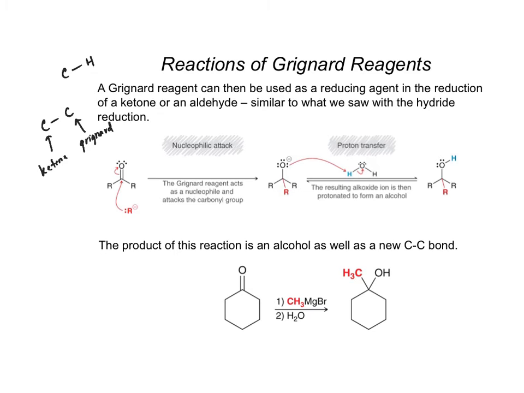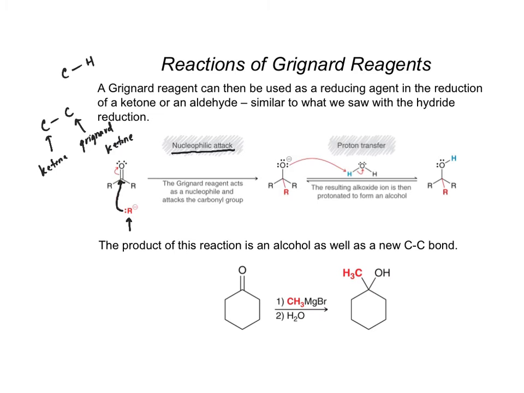All right, so now, how does this work, or what is the overall mechanism? It's going to follow very similarly to what we saw for the hydrides, the reducing agents, which were sodium borohydride and lithium aluminum hydride. The first step overall is going to be nucleophilic attack, where our Grignard reagent, our carbanion, is going to attack the carbonyl carbon of our ketone or our aldehyde.